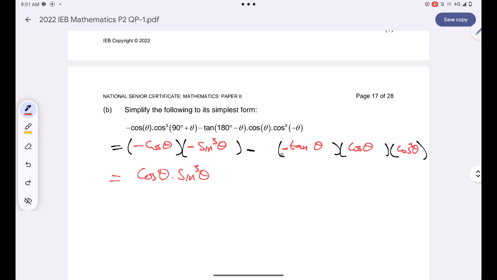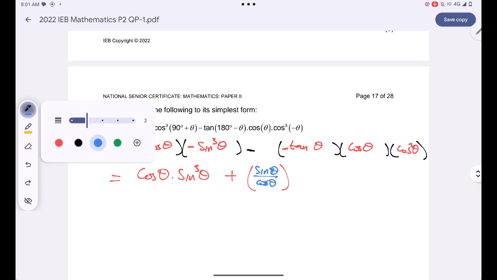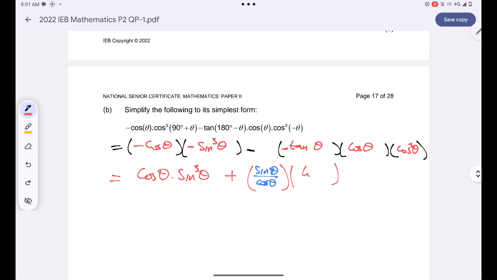And then here a negative and a negative will give me a positive as well. So I'll say plus, I can write tan as sine theta over cos theta, and this thing is multiplied by cos theta and cos cubed theta, like that.